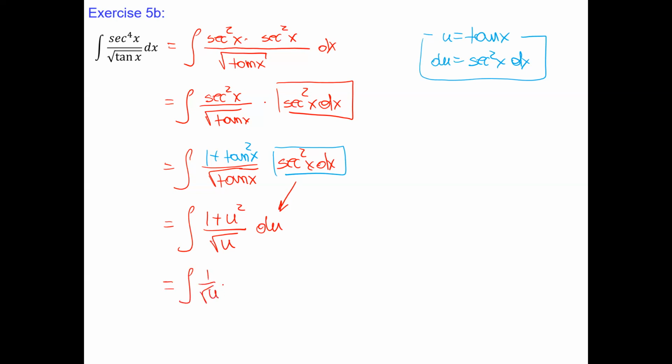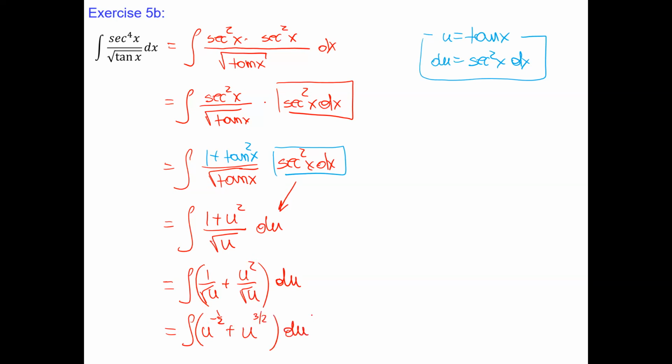We may avoid the quotient. This will be u to the negative half. And this will be u to the power of 2 over u to the power of 1/2. 2 minus 1/2 is 3/2.